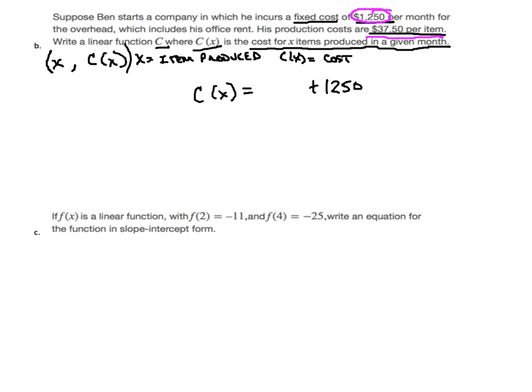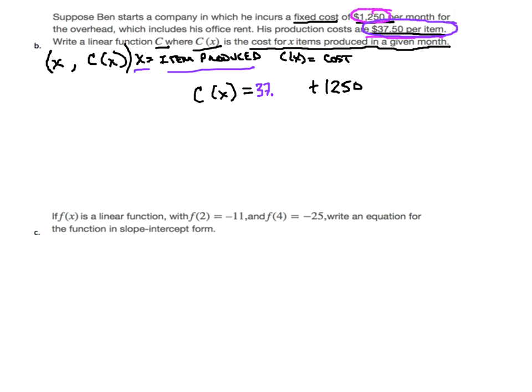So C of X is equal to, all right, I need to know what my slope is. The slope is always my coefficient on my input value. Well, right here, I'm told how much I change in cost per every 1 item, and X is standing for items.